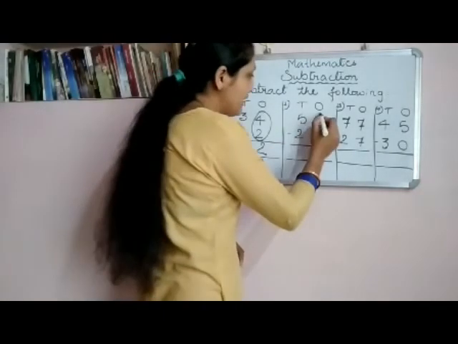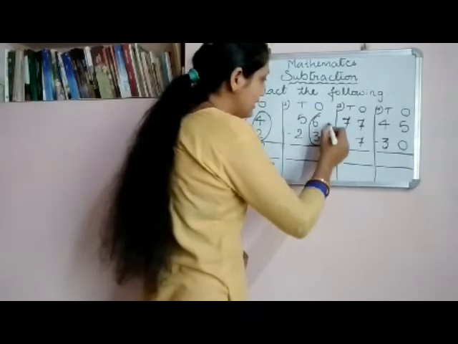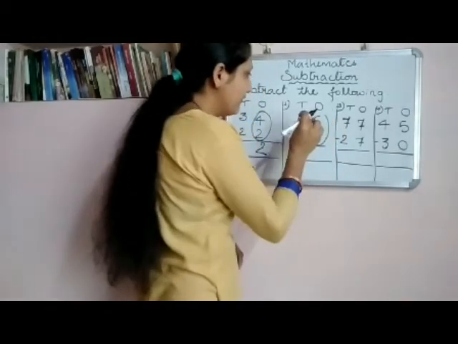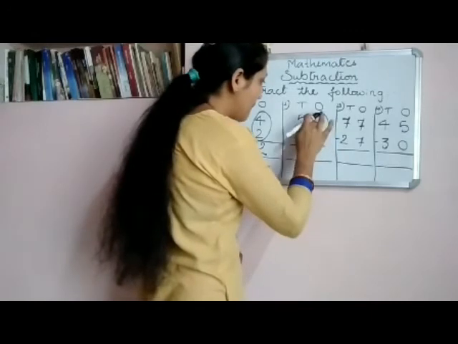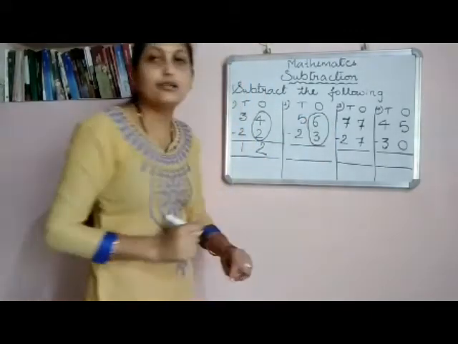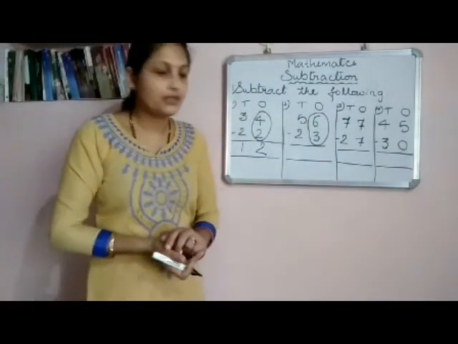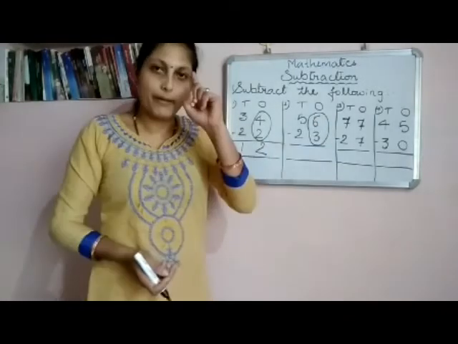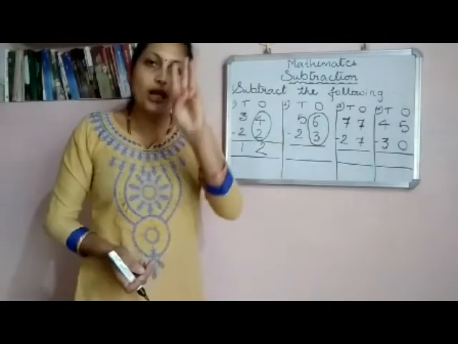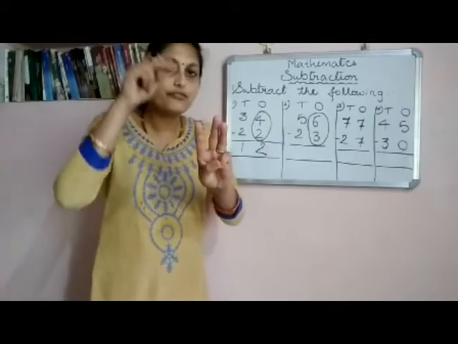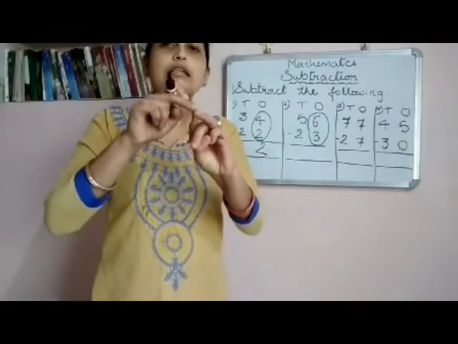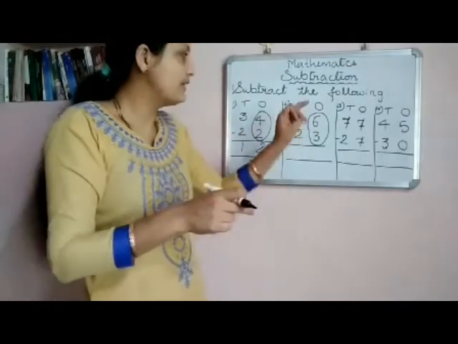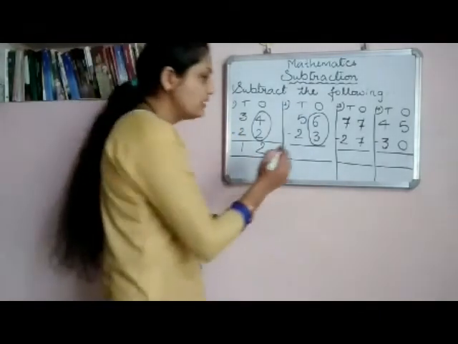Let us move to the second one. First let us subtract the ones. 6 minus 3. 6 in your mind, 3 in your hand. 6 before is what? 5, 4, 3. So 6 minus 3 is what? 3.